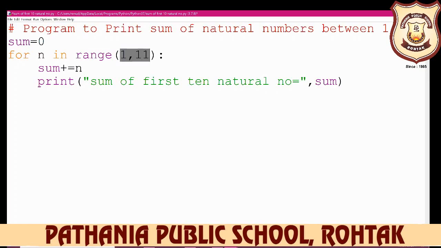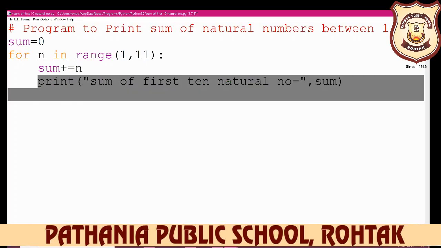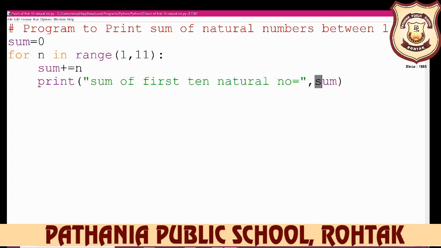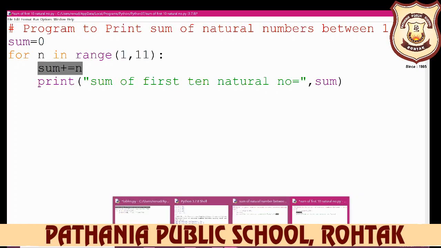So we write lower limit 1 and upper limit 11. And here again sum plus equal to n, and here we write print, sum of first 10 natural numbers is equal to, then a comma, and then the variable name. The variable name is sum, so our answer is in sum, so we write sum here to display the answer. And after that you run this program.